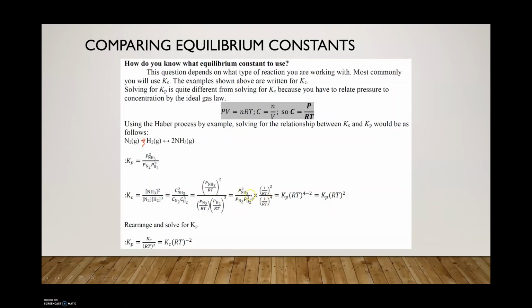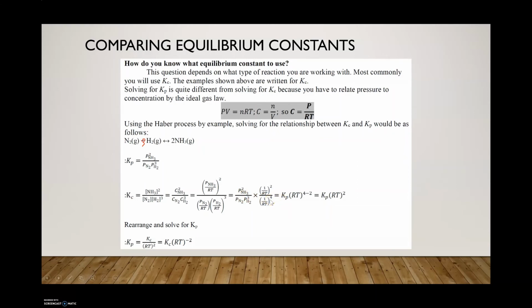Now we have a form where we have the RTs pulled out, and we have this, which is actually equal to K sub P. Remember, we're trying to compare K sub C and K sub P together, so K sub P naturally has to be a part of this equation. So we simplify that to this.